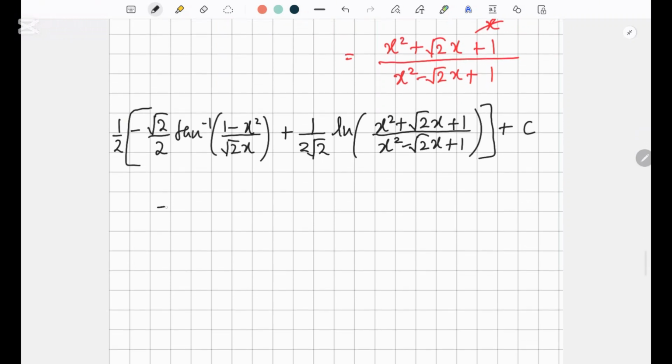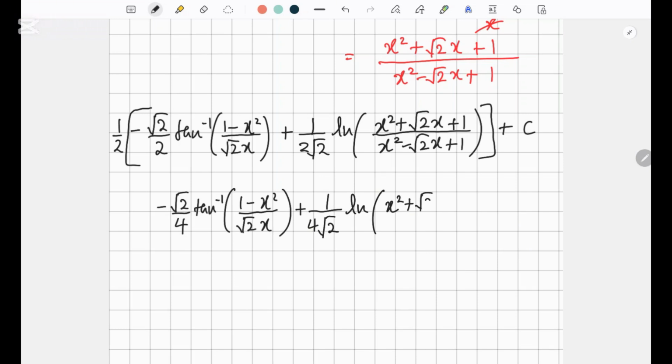So it's negative root 2 over 4 tan inverse (1 minus x squared) over root 2x plus 1 over 4 root 2 ln of (x squared plus root 2x plus 1) over (x squared minus root 2x plus 1) plus c.